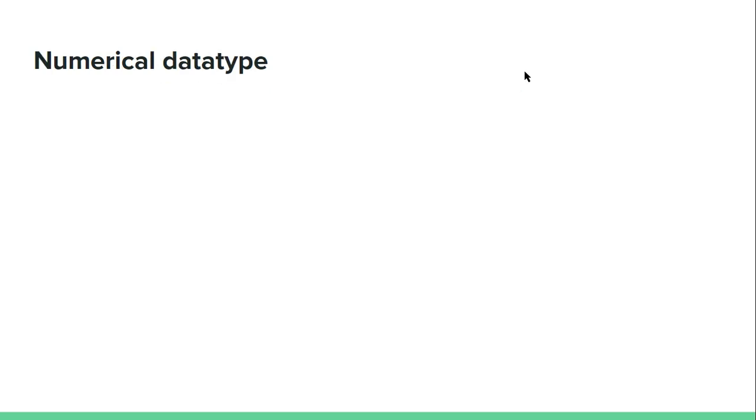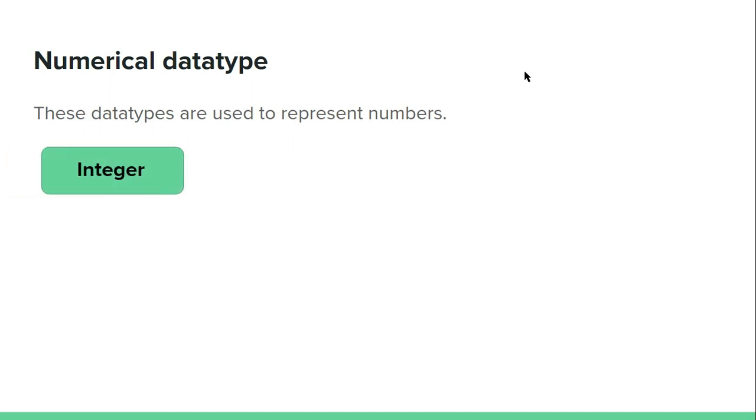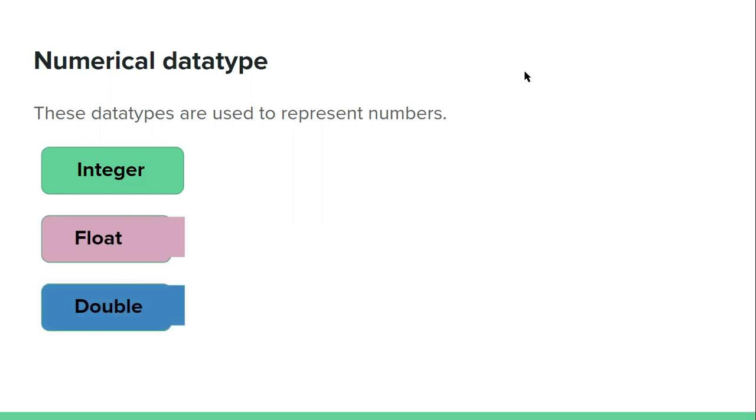Now the next data type is a numerical data type. These data types are used to represent numbers. In SQL, there are several numerical data types such as integer, float, double and decimal. Let's see them one by one with examples. First is integer.